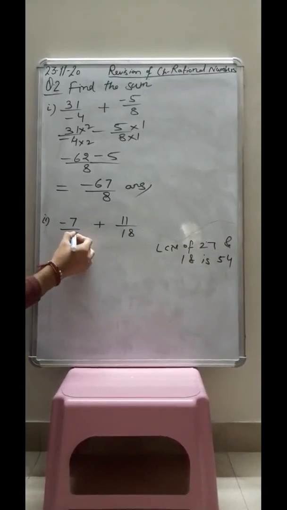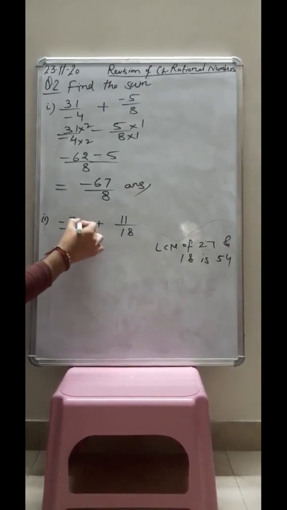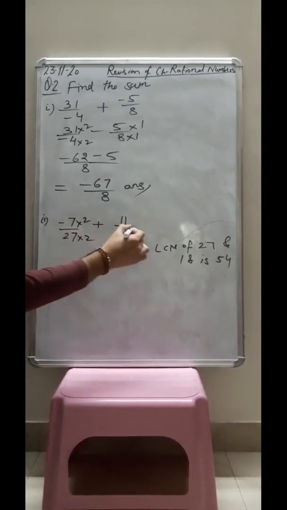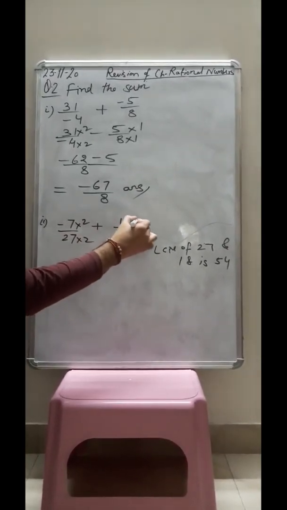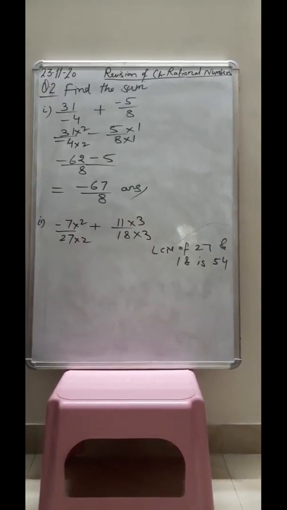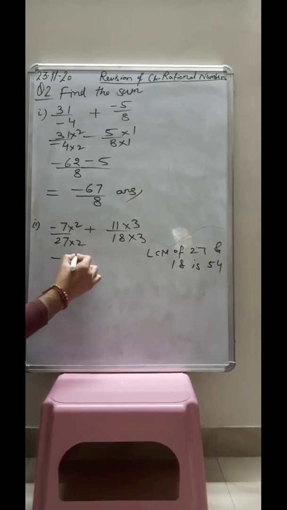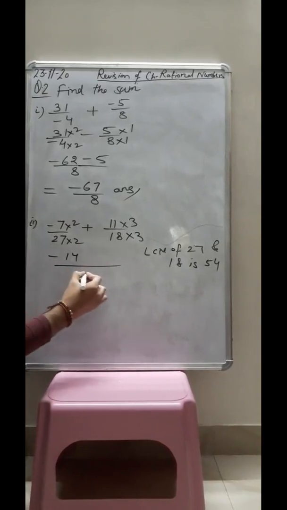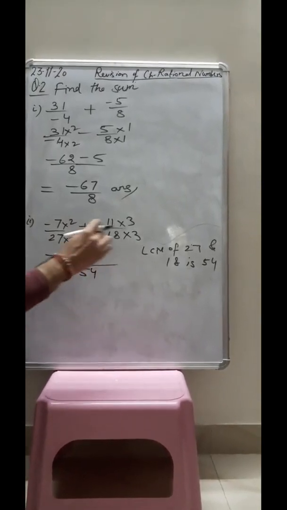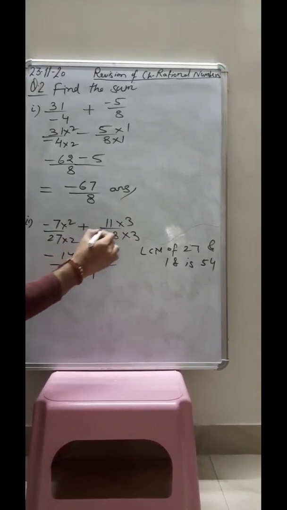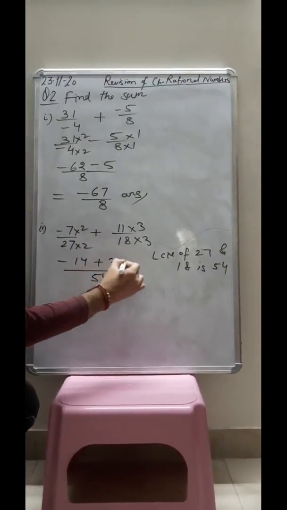Now we have to multiply 27 by 2, and the numerator also by 2. Here we have to multiply by 3, and here also 3. So when you multiply minus 7 by 2, you will get minus 14 upon 54. 11 times 3 is 33, plus 33.